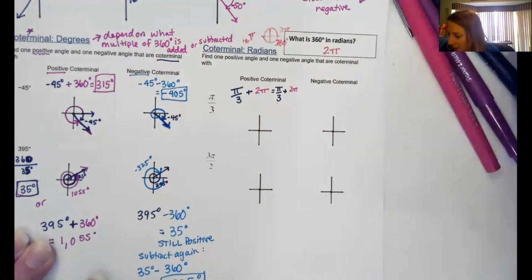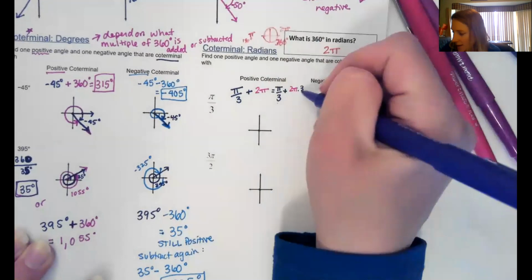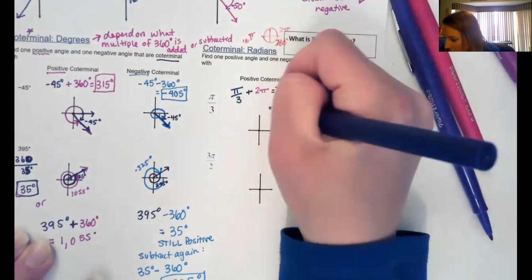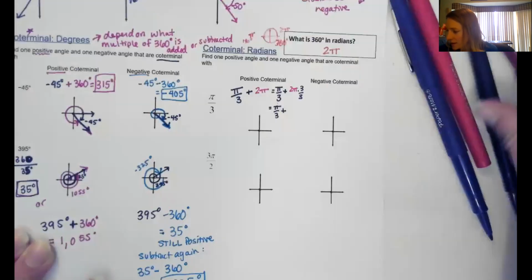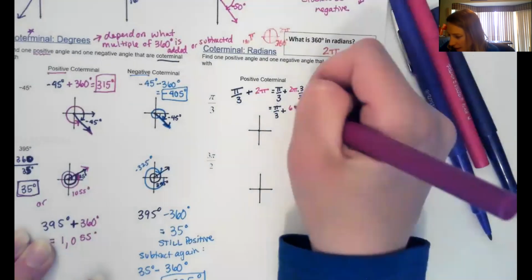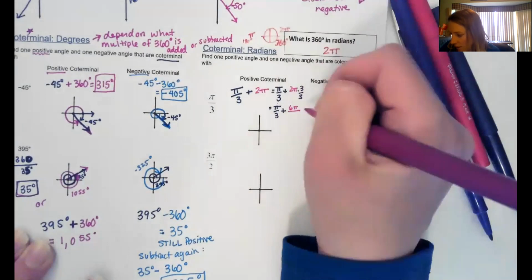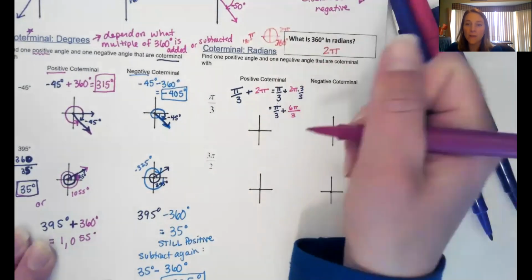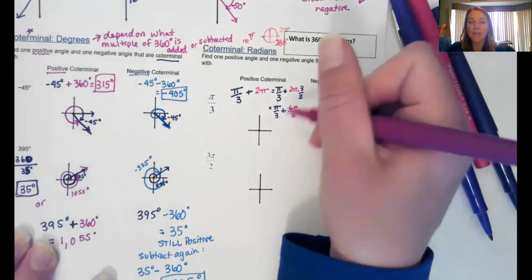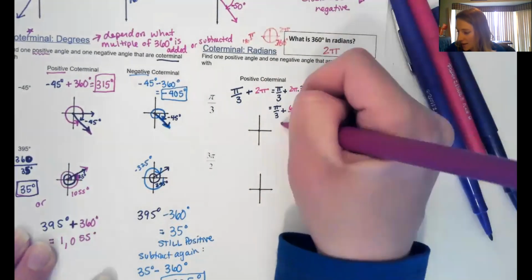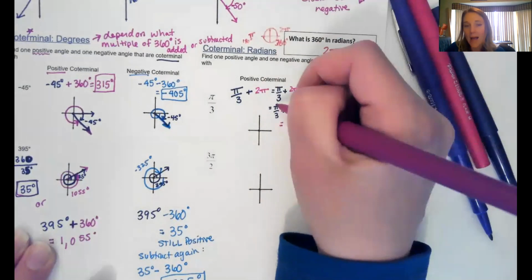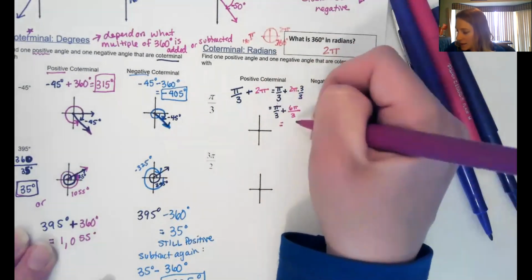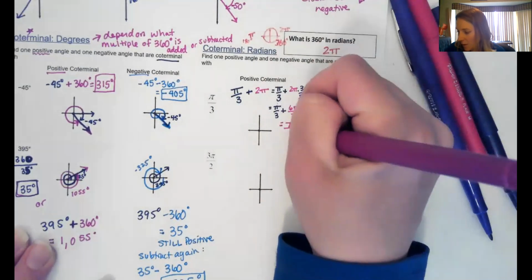So I multiply by 3 over 3. So this turns into pi over 3 plus 6 pi over 3. And 6 pi over 3, if I reduce that, is 2 pi, so it's the same number. We've just got a common denominator so that we can calculate this. And now 1 pi over 3 plus 6 pi over 3 is 7 pi over 3.